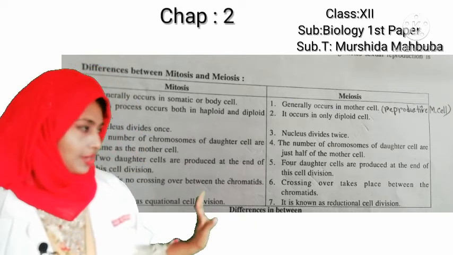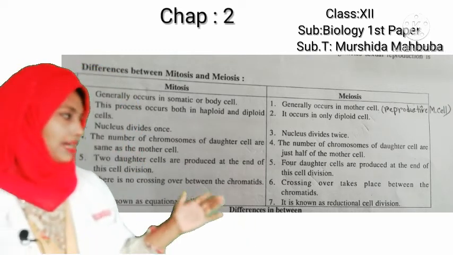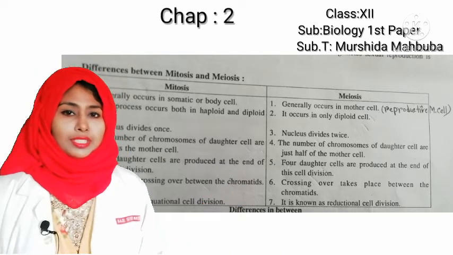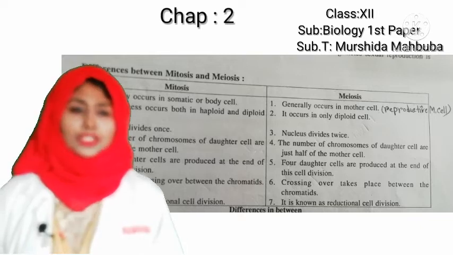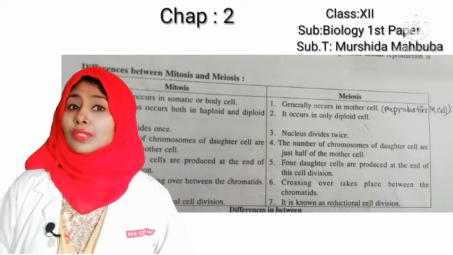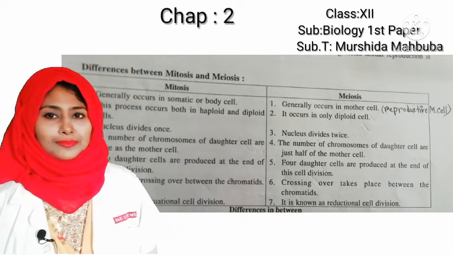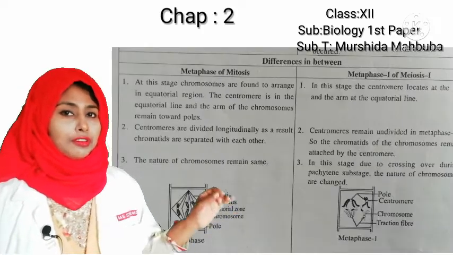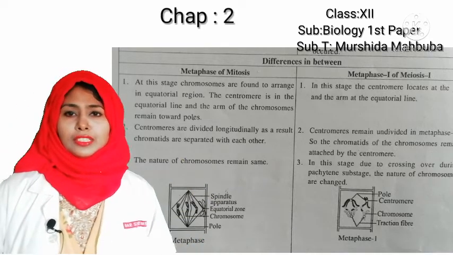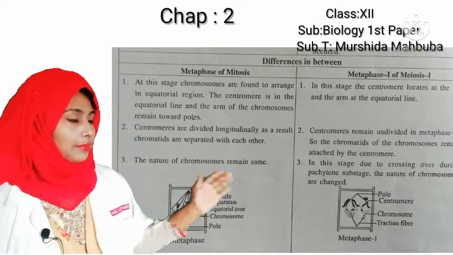In mitosis there is no crossing over between the chromatids, but in meiosis there is crossing over between 2 non-sister chromatids. Mitosis is known as equational division, and meiosis cell division is known as reductional division. My dear students, we have to memorize another difference between metaphase and metaphase 1.